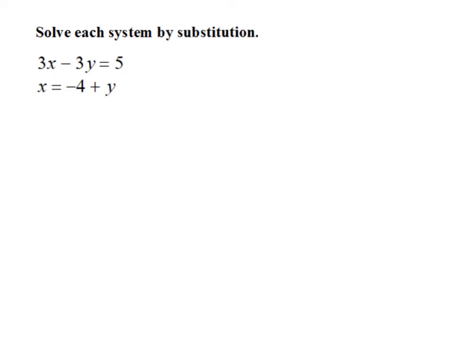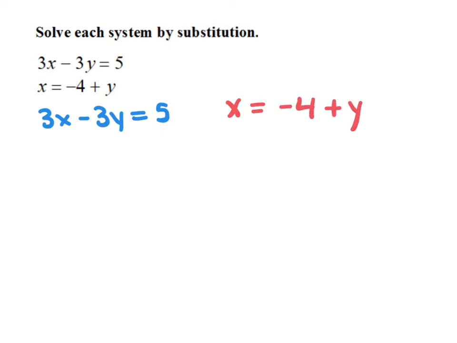So for this example, I'm going to start by rewriting my two equations. So I have 3x minus 3y equals 5, and x equals negative 4 plus y.